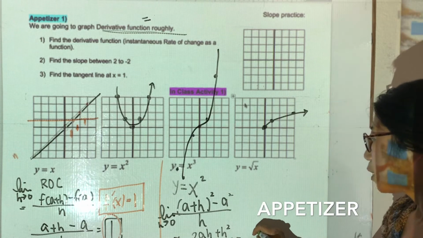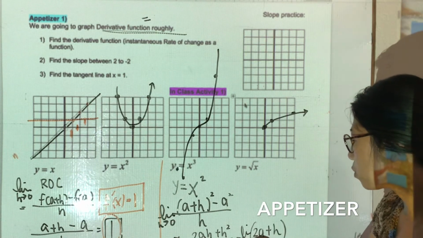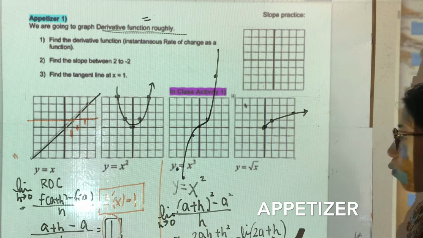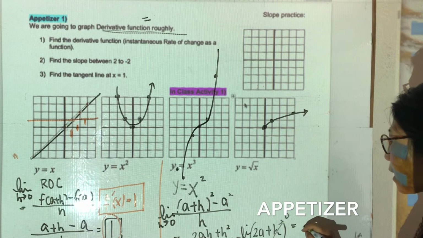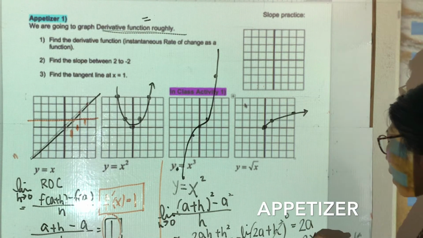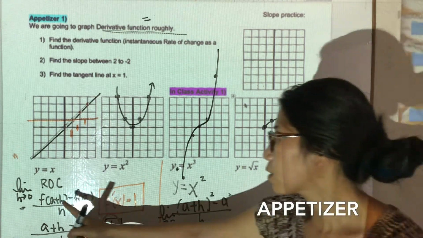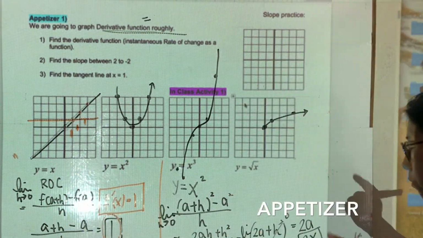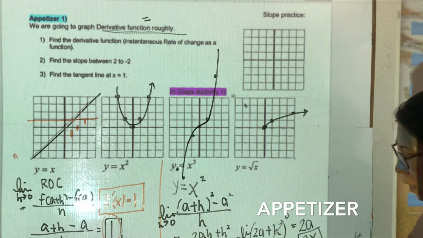I'm going to have 2a plus h as the limit goes to 0. So what does that mean? This goes to 0, then I get 2a, which is actually 2x, because for the derivative function we have to change to f of x plus h minus f of x. Basically the same thing. I just put a because I don't want to get confused with x.